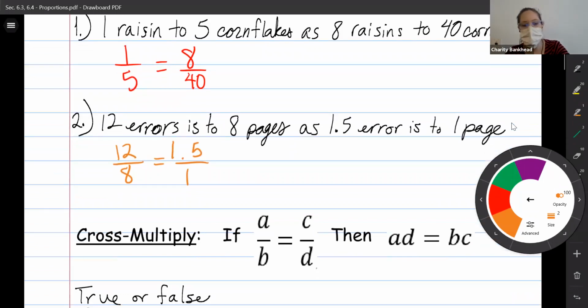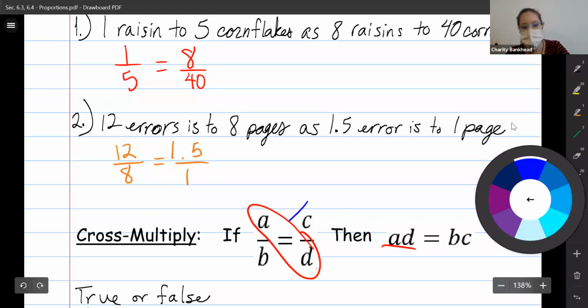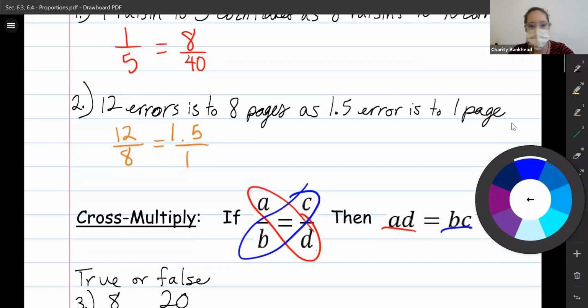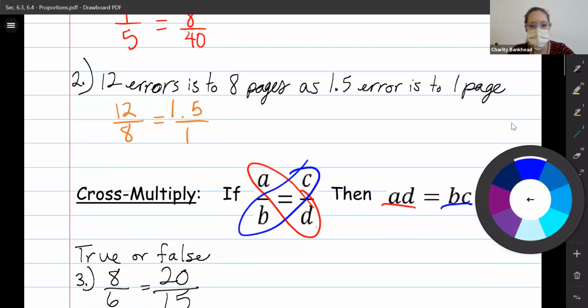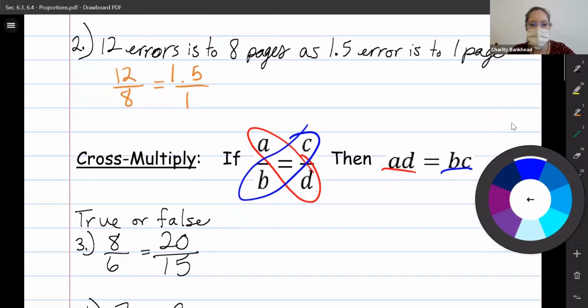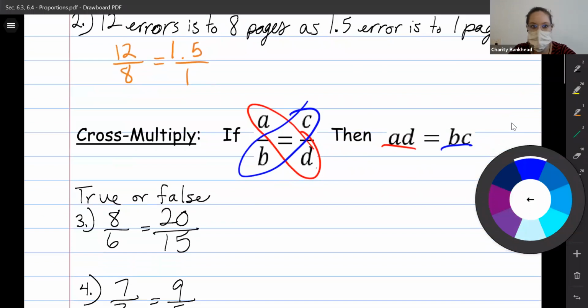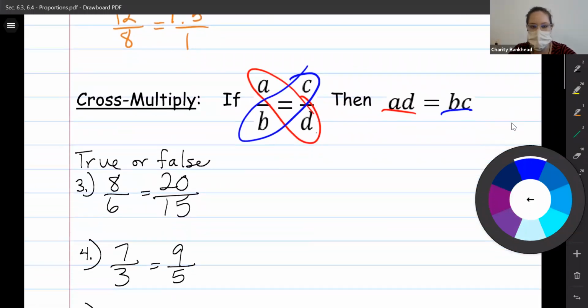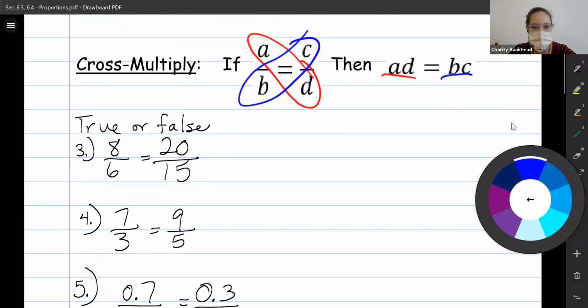So if A over B equals C over D, then A times D is equal to B times C. They want you to use that to answer whether or not these proportion equations are true or false.